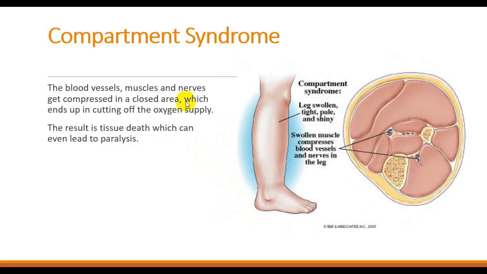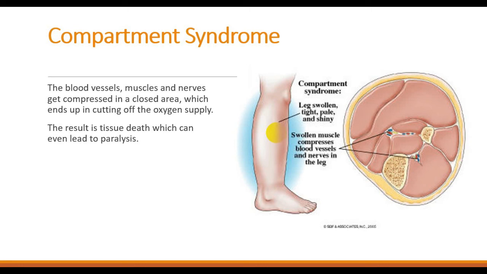The second example of muscle disease is compartment syndrome. In this syndrome, muscles are being compressed, and they are compressing blood vessels, and in the end the tissue of your muscle cannot get the nutrients and oxygen which are required.